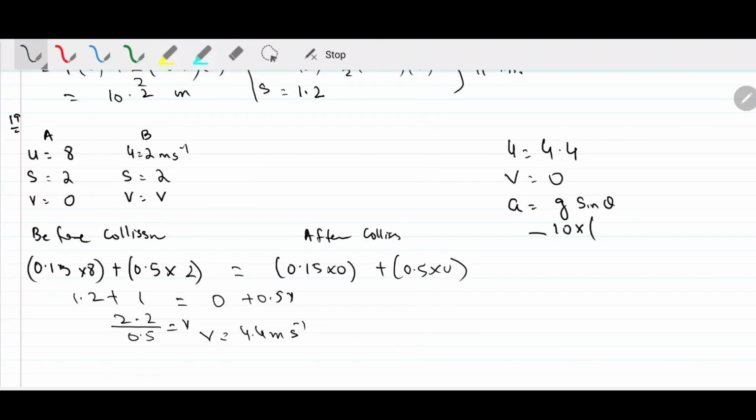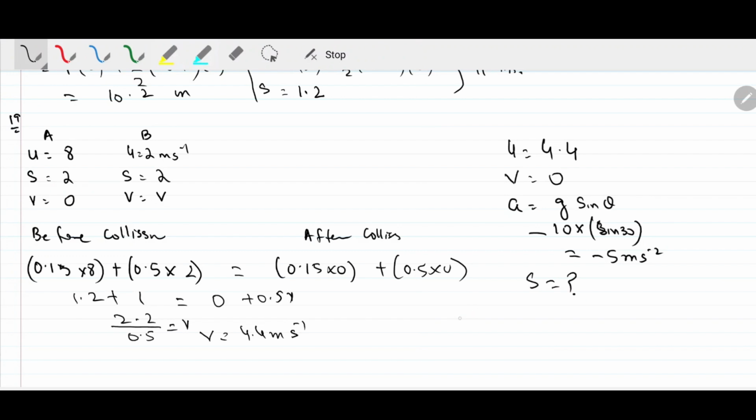Since it's moving up, it is minus g sine theta, minus 10 sine 30 degrees. Sine 30 is half. So minus 5 meters per second squared. And we need to find S. If S is 2 or greater than 2, it has reached Q. If S is less than 2, it has not reached Q.